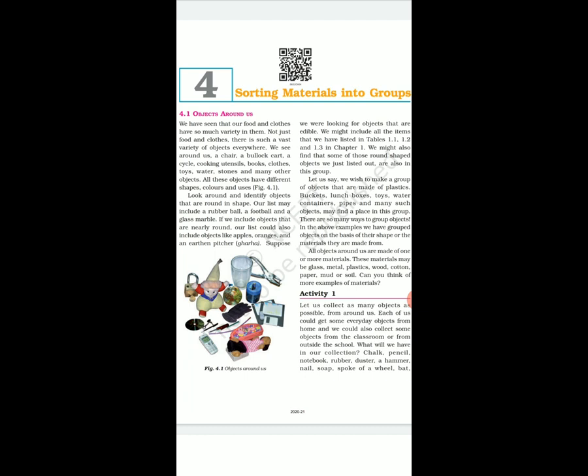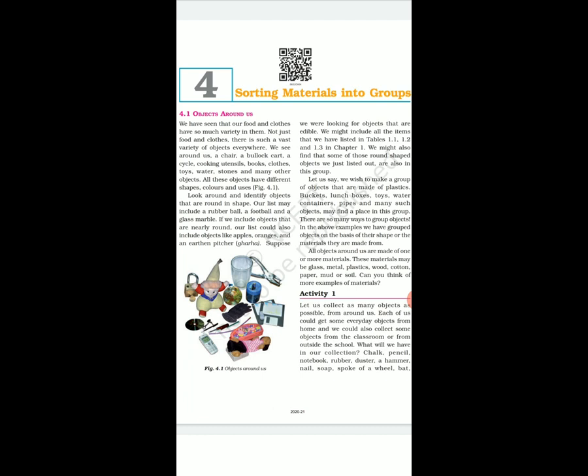Suppose we are looking for objects that are edible. So you can make groups based on their uses, on their color, on their shape, right? On anything you can make. Now we say that all the items which are edible, which means which we can eat, we might include all the items that we have listed in tables 1.1, 1.2 and 1.3 in chapter number 1.